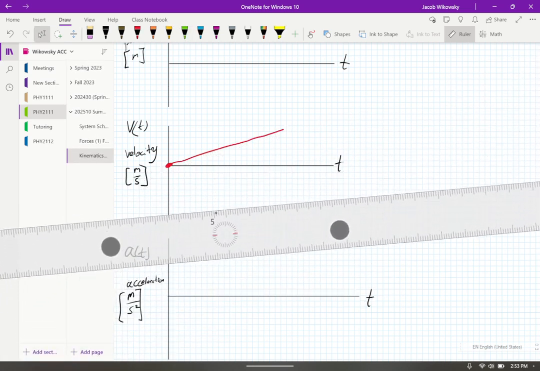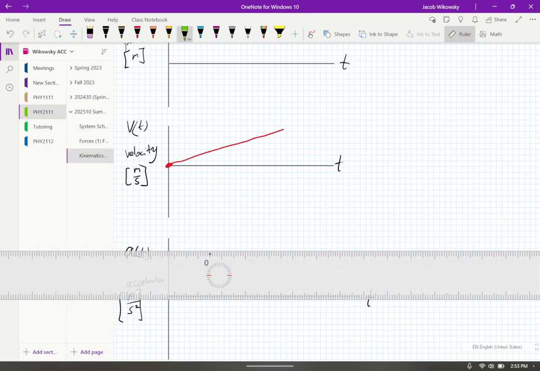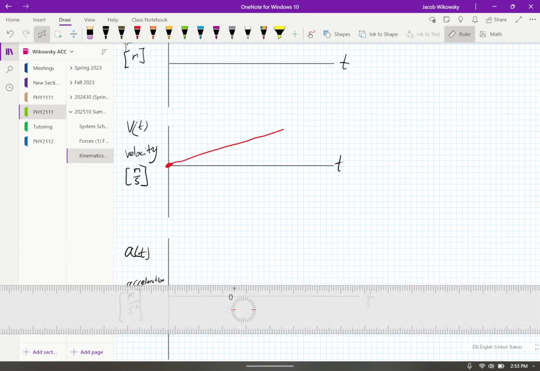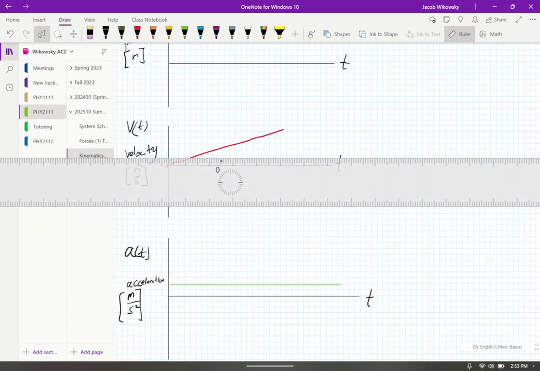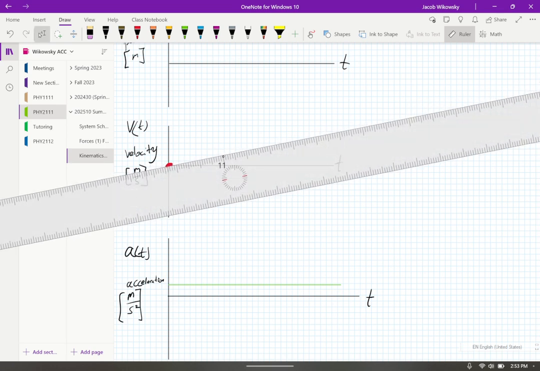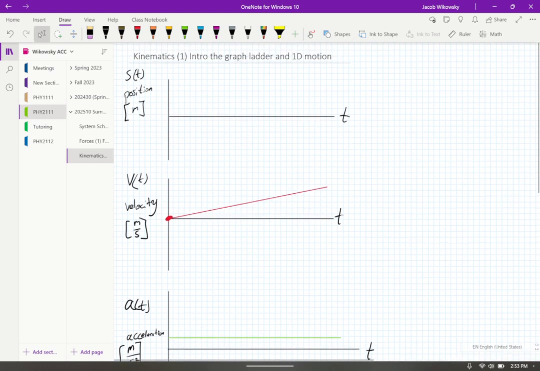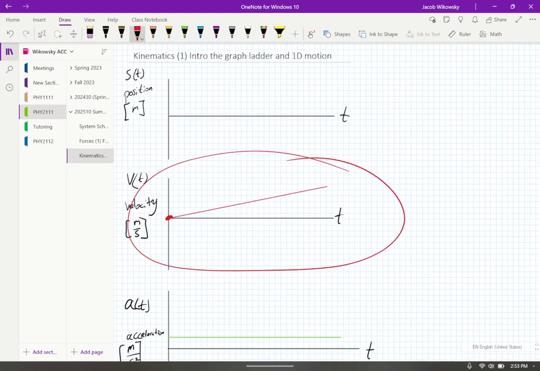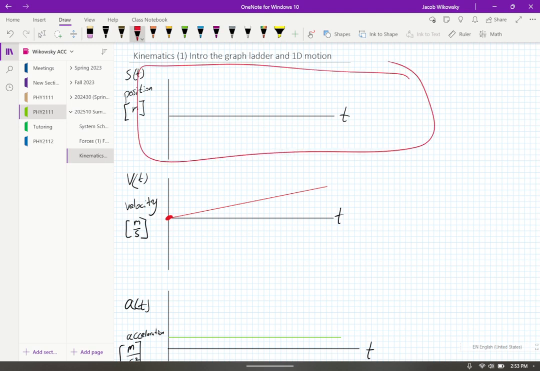If I'm being really formal about it, I should maybe draw this with a straight edge, some constant positive number, which came specifically from this steadily increasing velocity. But if I were then trying to say, okay, what motion described this graph on my position graph?